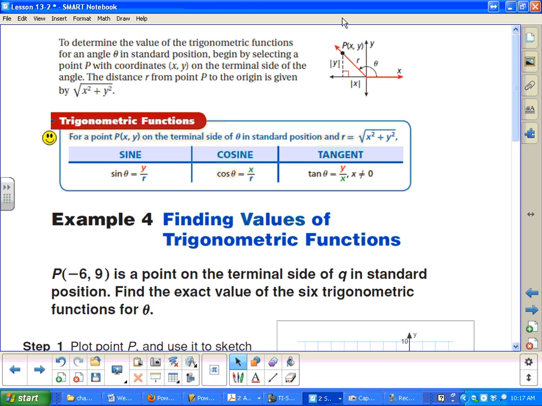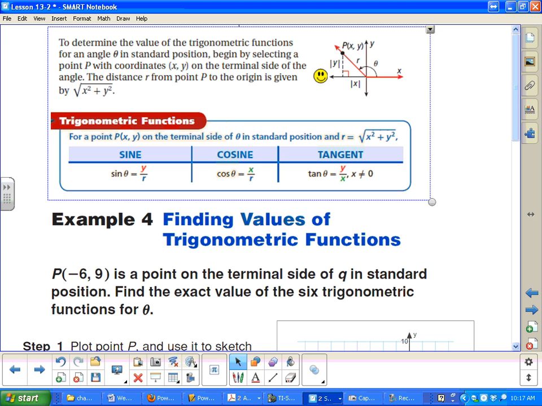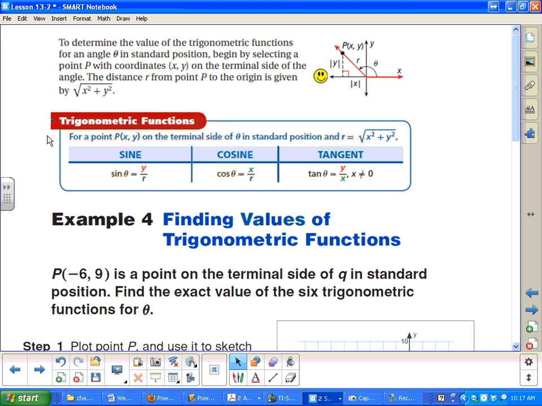So if they give us a point, x and y, you can see from this picture here that y is a vertical distance, represented by this dotted line, and x is this horizontal distance here. Notice that when we draw this right triangle, we're actually using the reference angle.